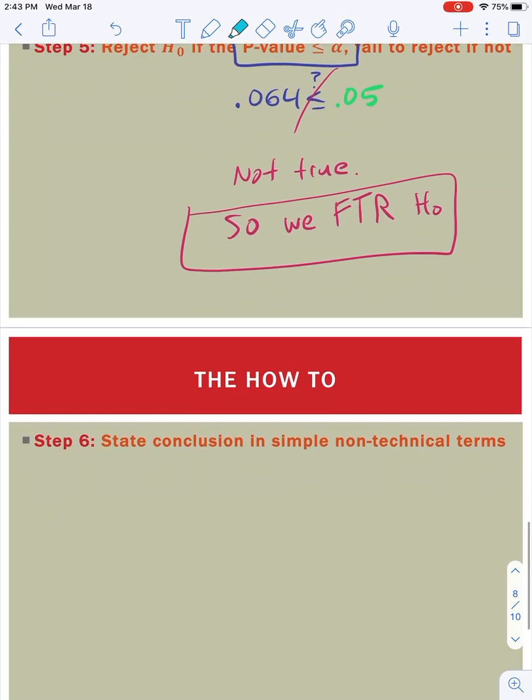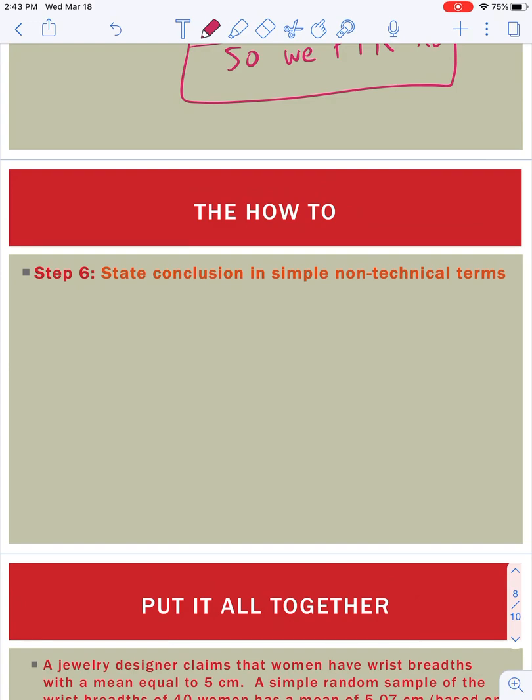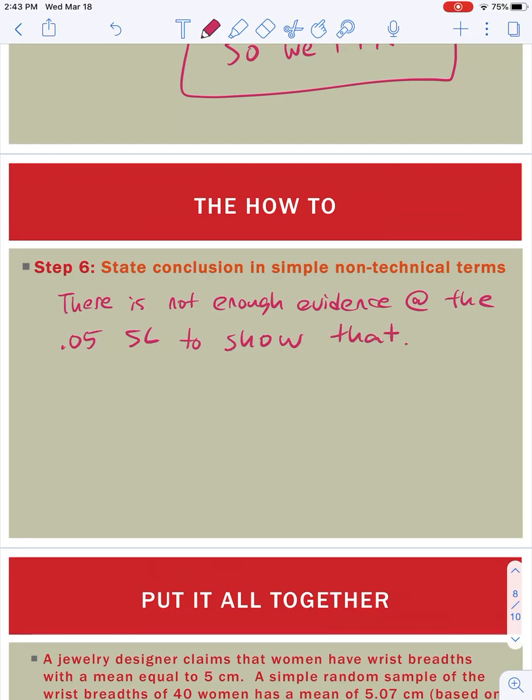Now, in the non-technical conclusion, we're going to follow that script that we had used before. I follow it a little loosely because I really understand it. But if you need to, go back to the L2 script and state it that way. When we fail to reject, we're going to state our answer like this. There is not enough evidence at the 0.05 significance level to show that, so you're always going to say something along those lines.